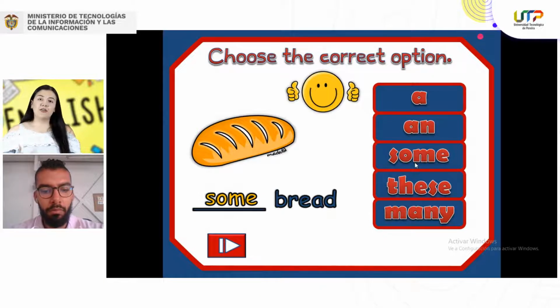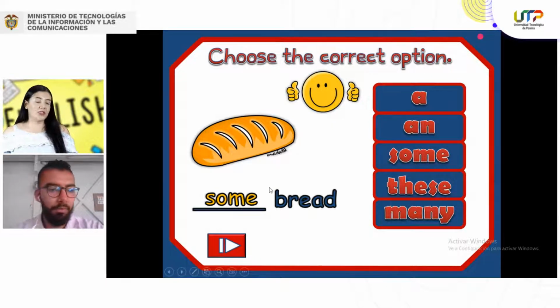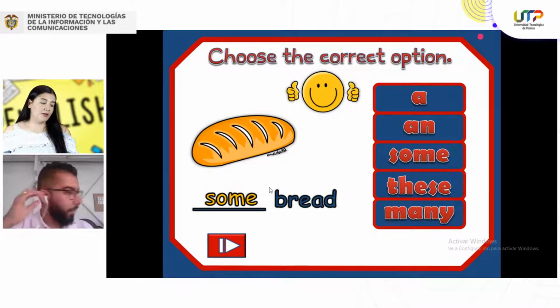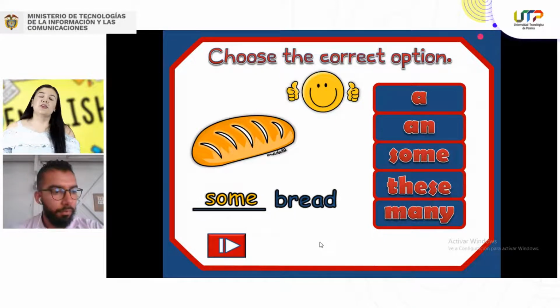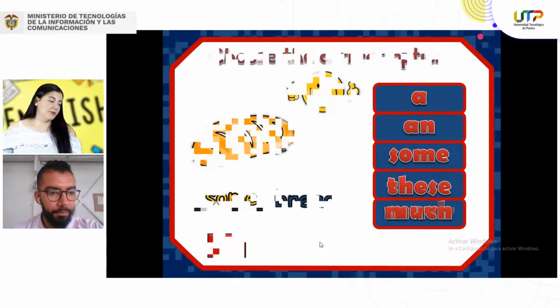Como es uncountable, la única opción correcta sería some, porque recuerden que a, an es solamente para countable y this and many es también para countable nouns. Así que some is the correct answer. Very good, Dana and Sergio. Yes, Luz Marina, some. Very nice. So let's continue with the next one.